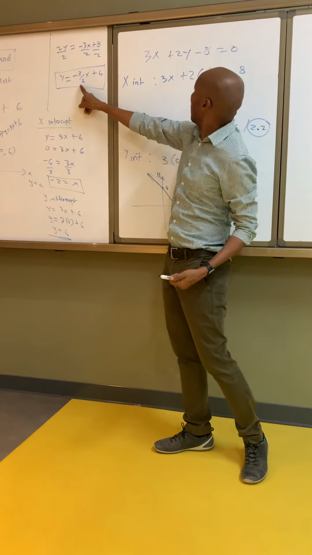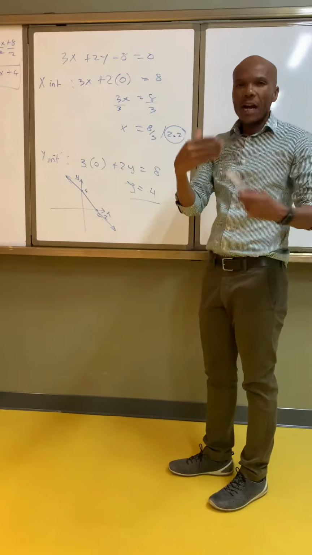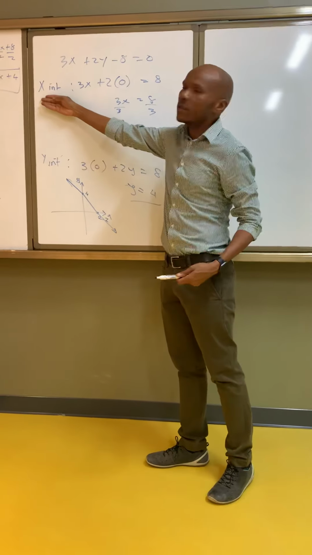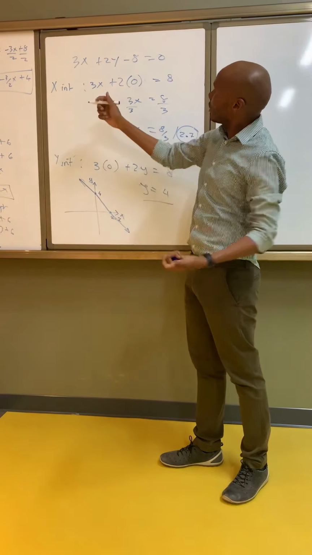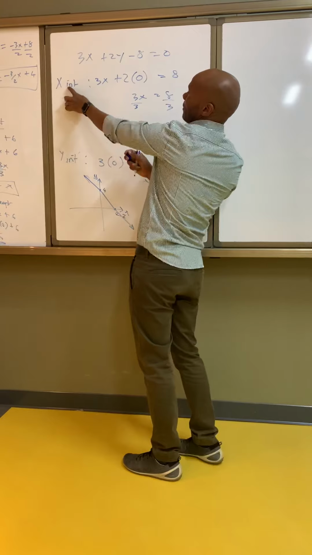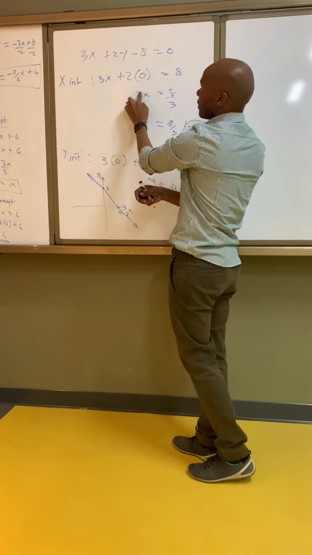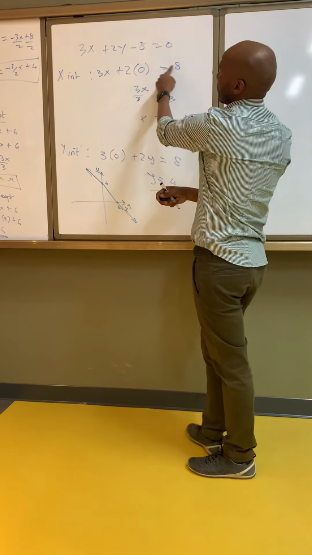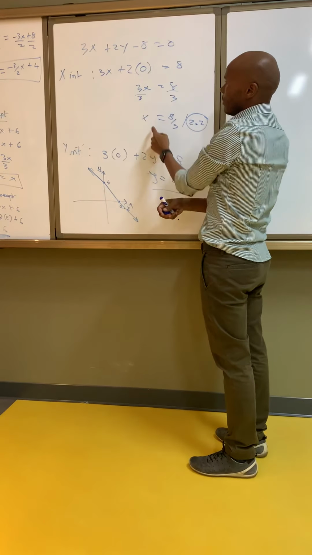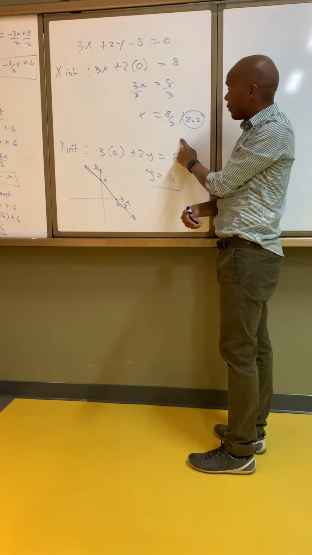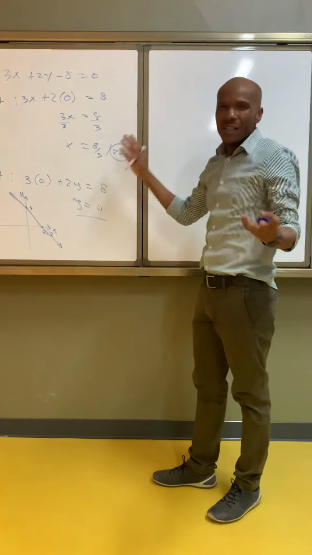This is what you're going to have, right? But how do you find your x-intercept and your y-intercept? Just as I said, if you want your x-intercept, you make your y 0. And when you make your y 0, you remain with 3x, and then divide by 3, so your x will be 8/3 or 2.7, whatever.